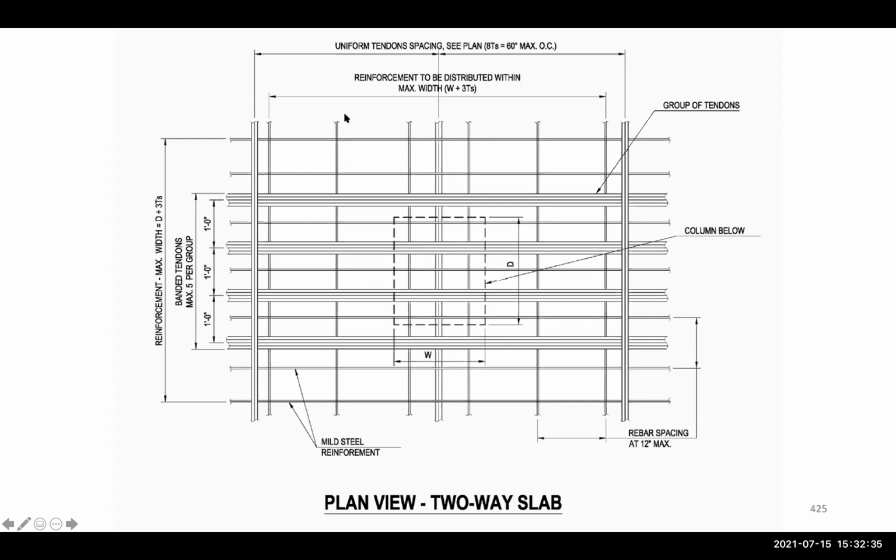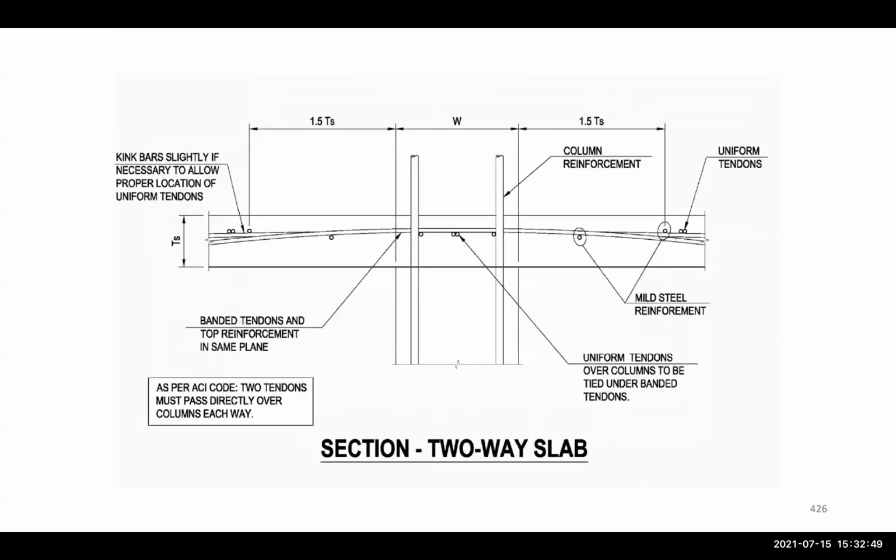So we have distributed tendons, and then we have banded tendons. Look at the full example of a two-way slab that you have in part one, so you would know exactly what these things are. That's a section, basically showing the tendons and showing the rebars.